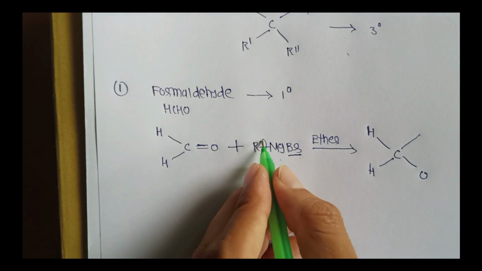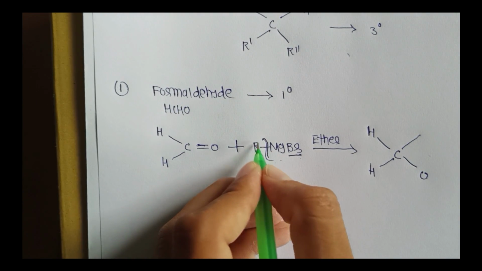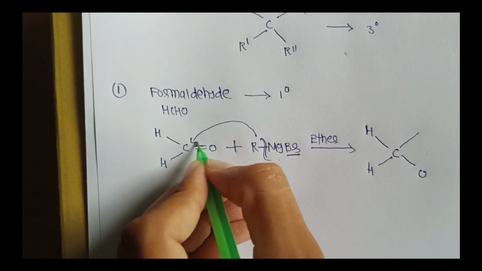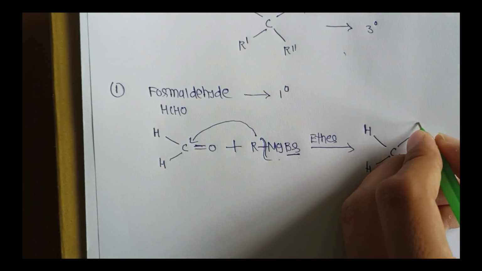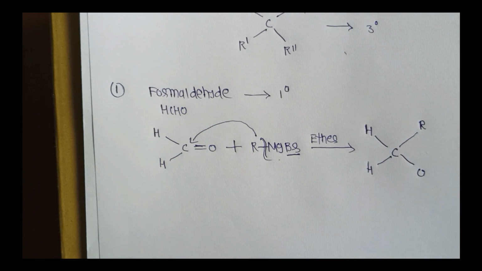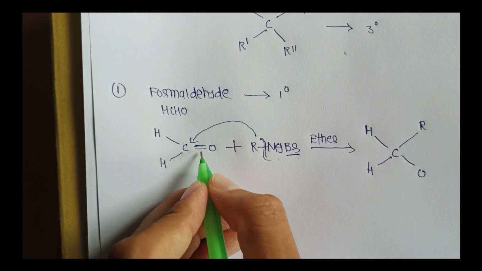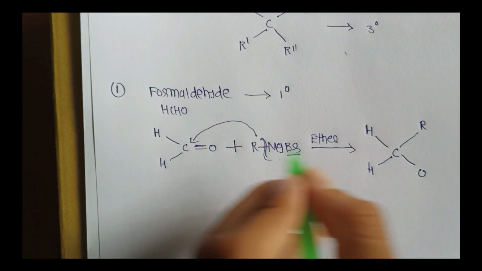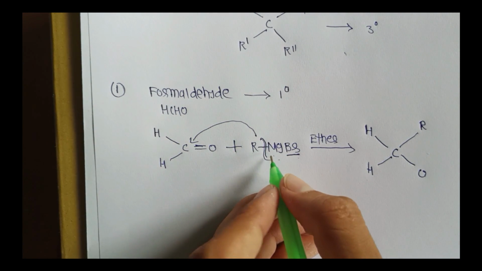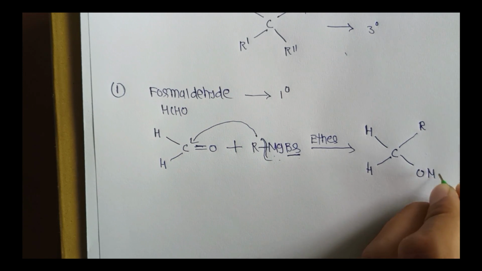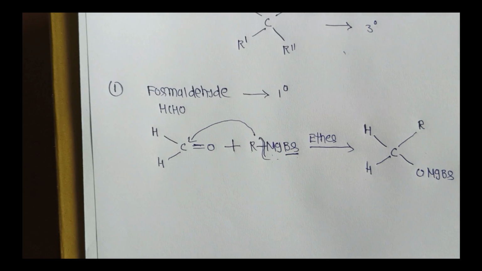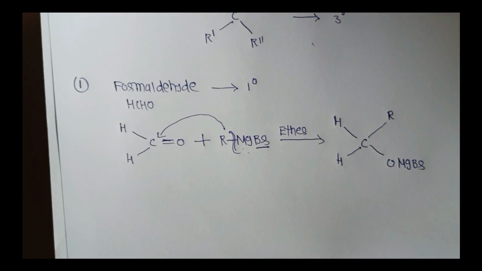R group is attached here, meaning carbon attached with R. Here oxygen has a partial negative charge because the bond is broken, and with MgBr, this is OMgBr. This is the intermediate step of Grignard.